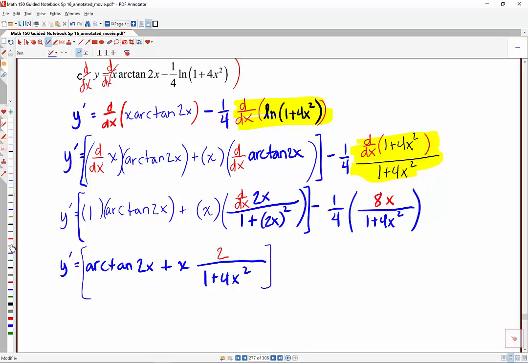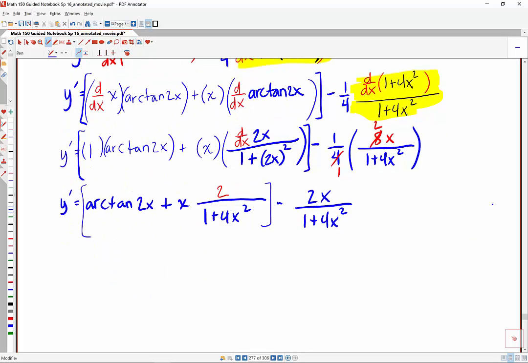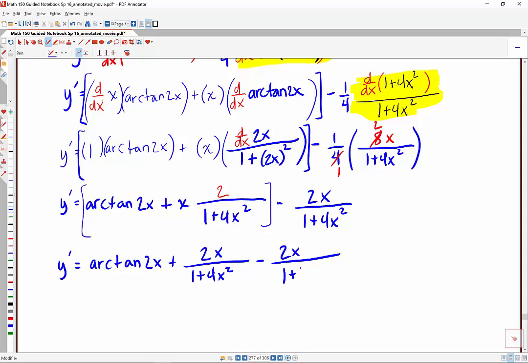So here what we'll get is minus 2x over 1 plus 4x squared. So now we'll get y prime equals arctangent at 2x plus 2x over 1 plus 4x squared minus 2x over 1 plus 4x squared. Do you see that these guys zero out? And at the end of the day, believe it or not, our result will be y prime is arctangent at 2x.